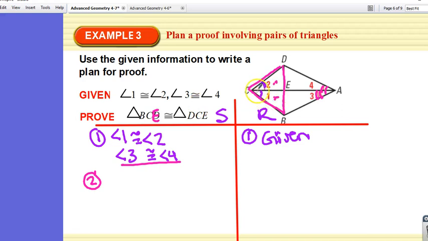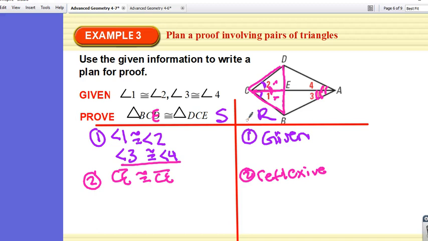Make sense? So what do we know? We know that this is reflexive, right? So we could say CE is congruent to CE, right? Reflexive. So now we have angle and a side. We don't know anything else. And to be honest, we can't really do anything else.